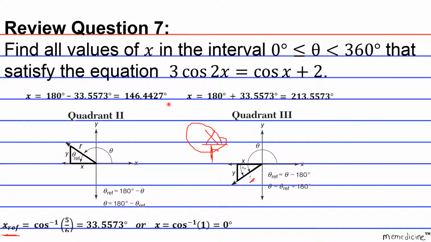So again, in summary, the solution set is going to be 0 degrees because this worked out neatly. We didn't need to take any other angle into consideration. 146 degrees coming from rounding this value down, as well as 214 degrees coming from rounding this value up.